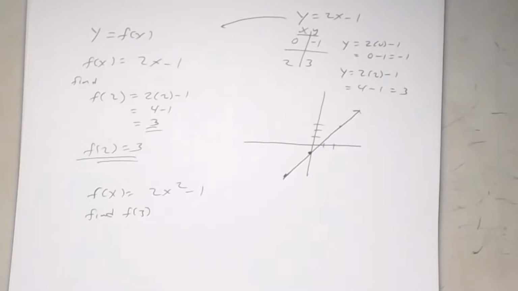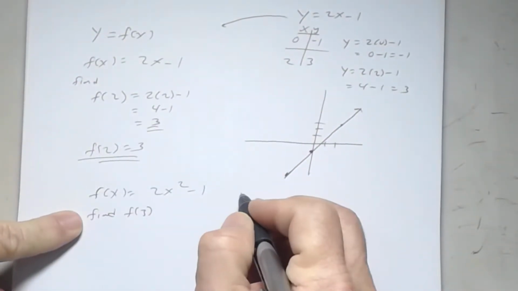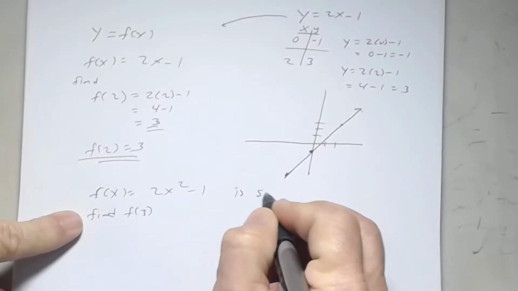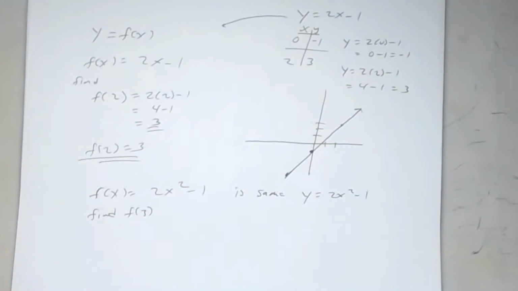So basically that says, wherever I see the variable x, what do I substitute? 3. And then I'm finding what value? Y, right? Yeah. I'm finding y. So do y'all agree that f of x means the same thing as y? So this right here you can say is the same as y equals 2x squared minus 1. Okay, so that y and f of x are the same thing.